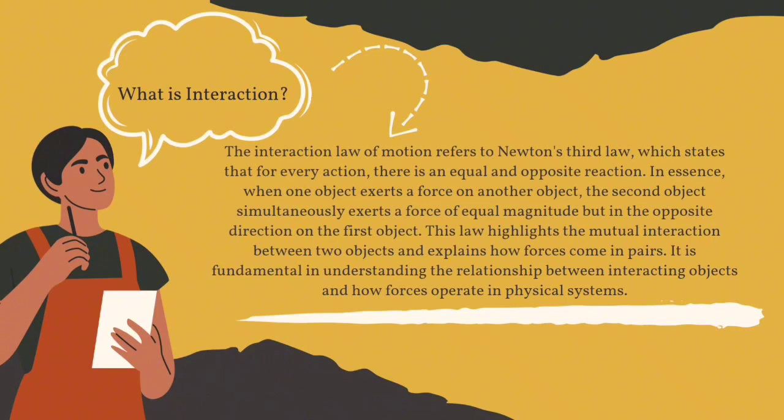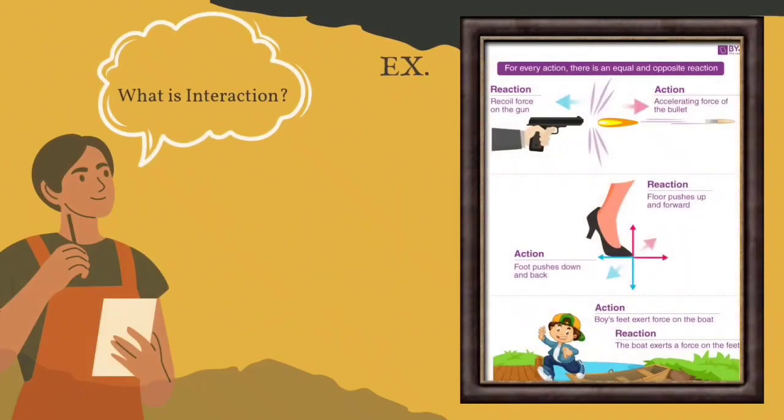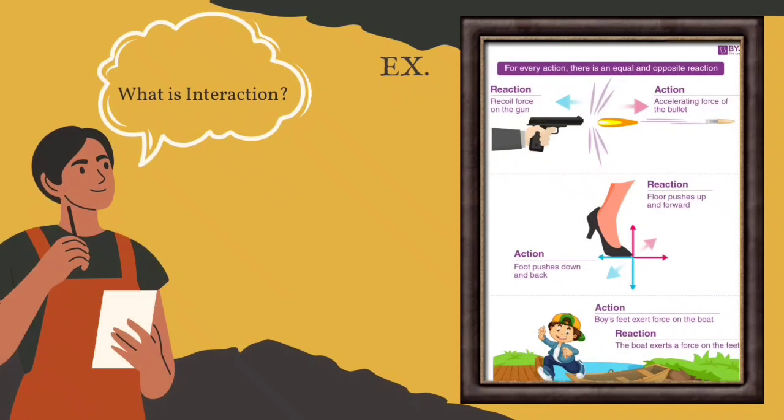The interaction of forces between two objects is described by Newton's third law of motion, which states that for every action there is an equal and opposite reaction. And I've given an example. When one body exerts a force on another body, the first body experiences a force equal in magnitude and in the opposite direction to the force which is exerted.